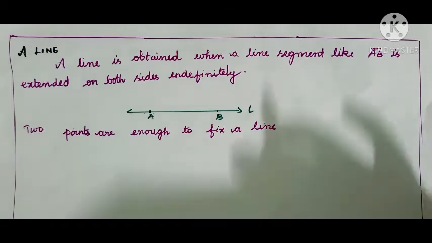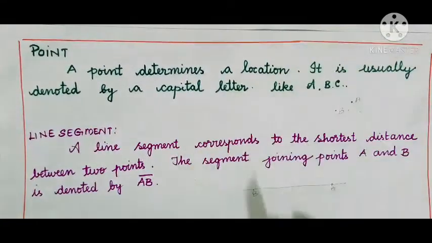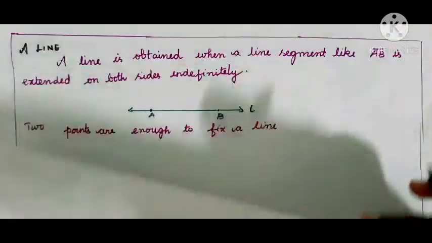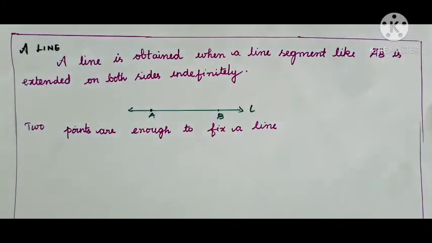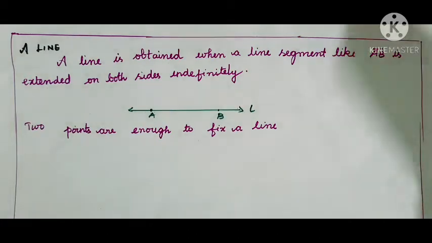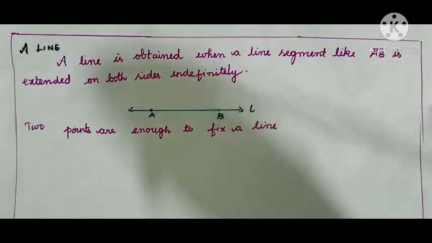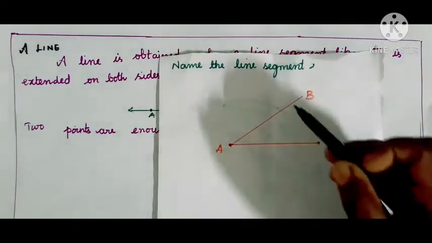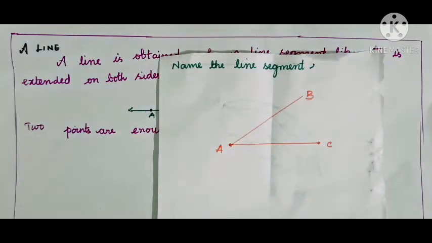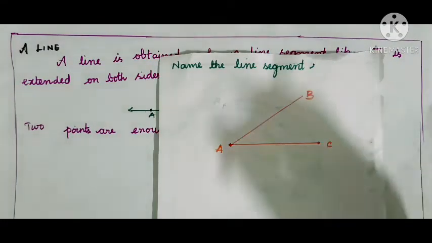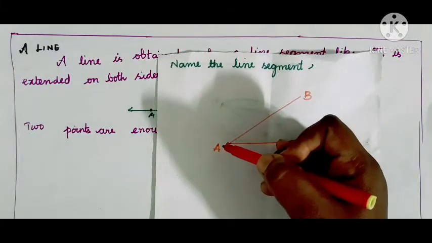So you can easily understand what is a line segment and what is a line. Now you can identify the line segments of this figure. Name the line segments. How will you name the line segments here? A is the midpoint, isn't it?